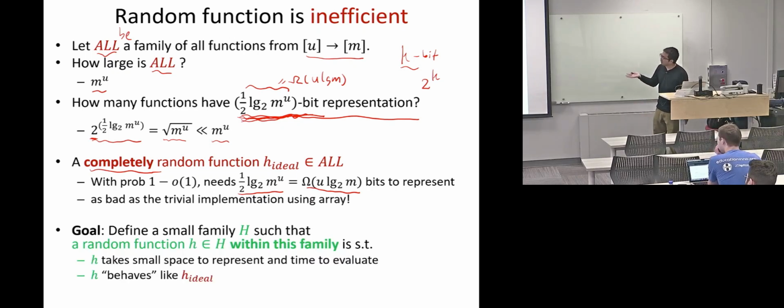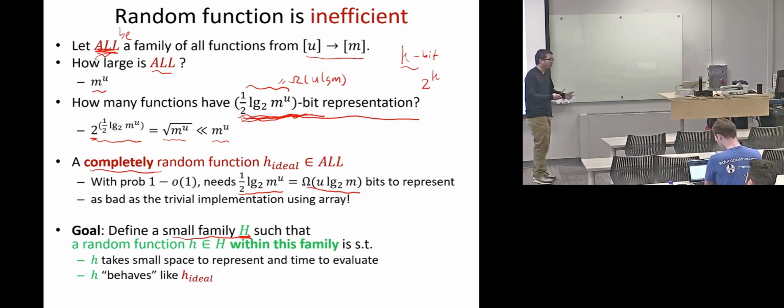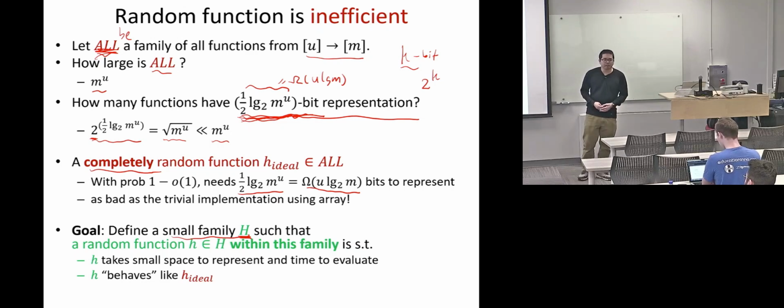So the goal then is to define some smaller family of functions, not all, but some better family H. When you sample a function from this smaller family H, the function from this family takes less space, and it behaves as if it's random.